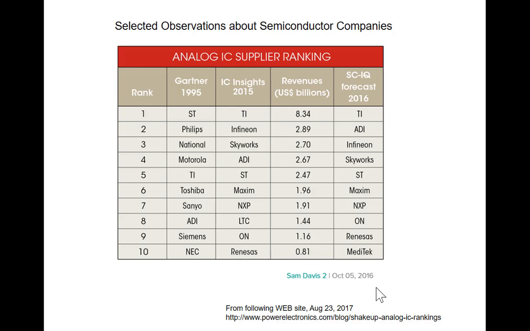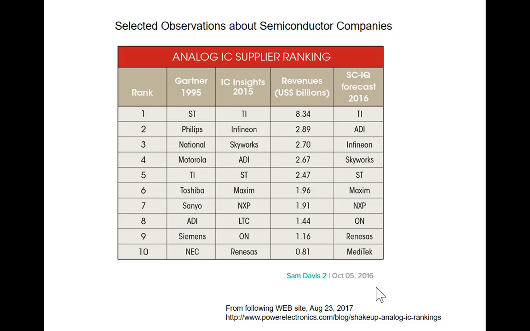So we've had a major shift in the key players in this business. Actually, some of these companies no longer exist. Philips has been combined a couple times and no longer exists as Philips. National is now combined with TI. Motorola is combined with Philips, and they're called NXP, and they're in the process of being combined with Qualcomm. So there's also been a lot of consolidation in the industry.